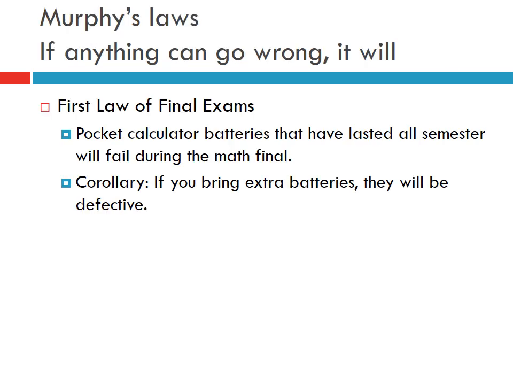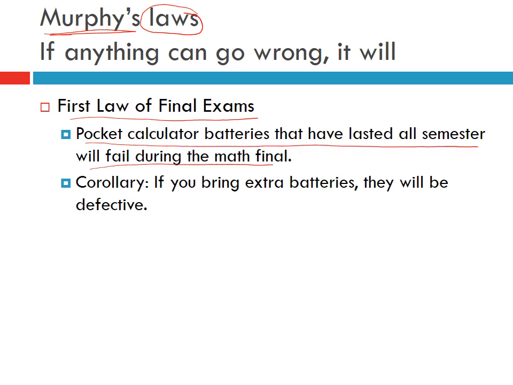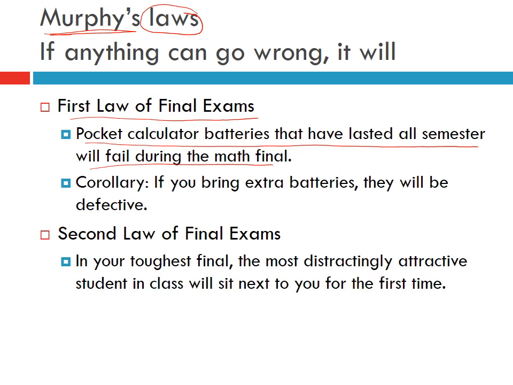So just a little digression about how these laws, so to say, come about. Many of you have heard of Murphy's laws, law of final exam. And there are more. Second law of final exam.